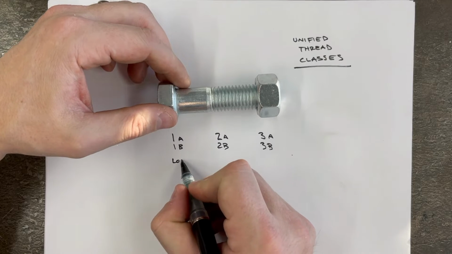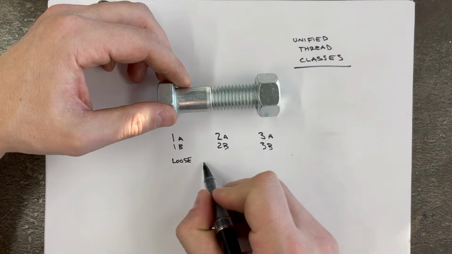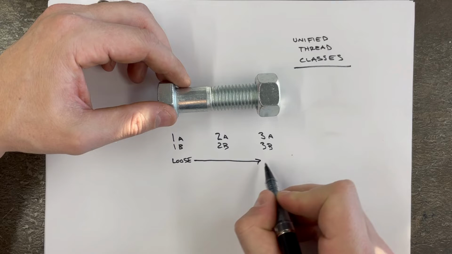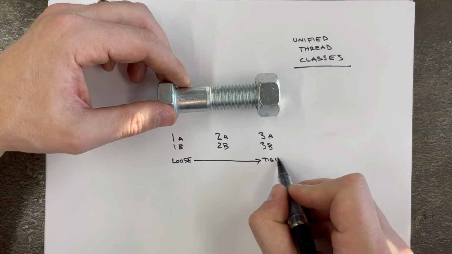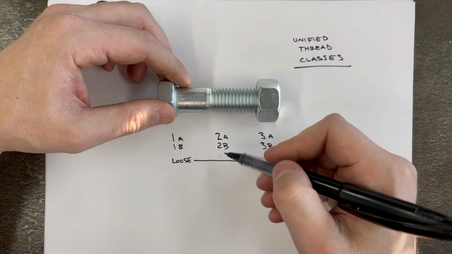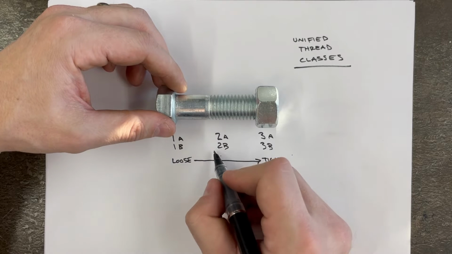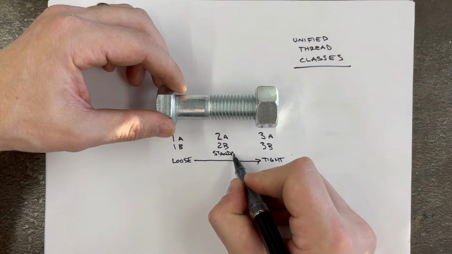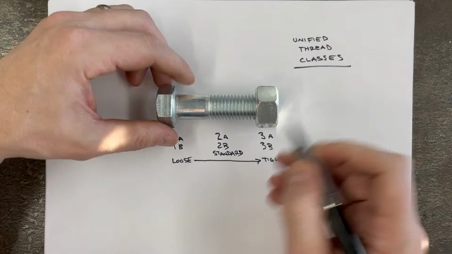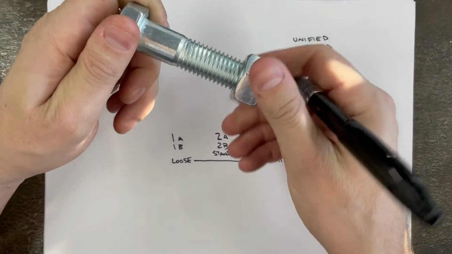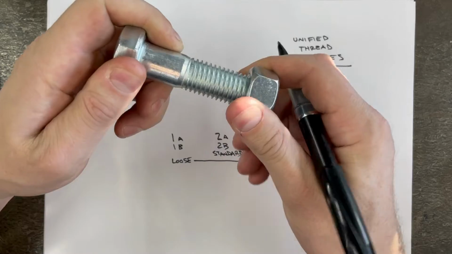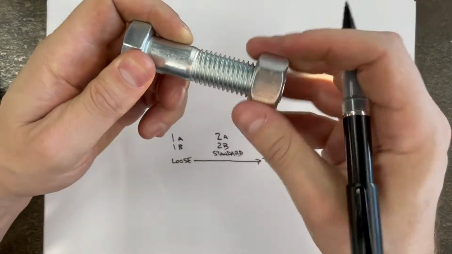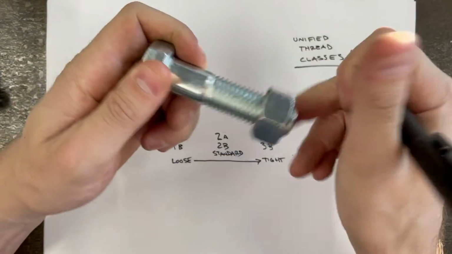So this is the loose end of the class fits, and then this is the tight fit. This class 2 is your standard. So most bolts in a bolt bin are going to be a class 2, which means that it's got a slight amount of slop in the threads, but for the most part, you can just kind of spin them on and off.